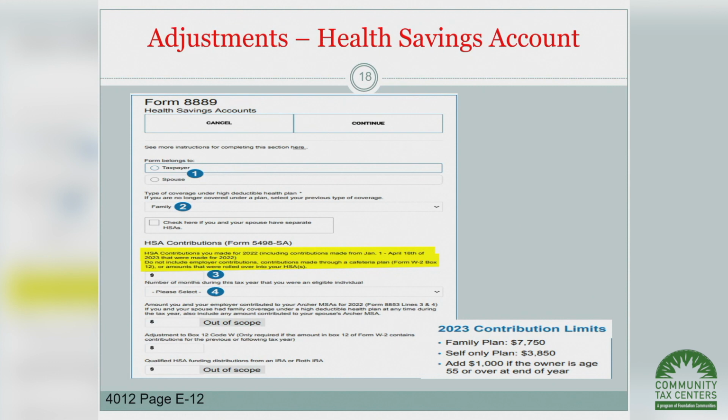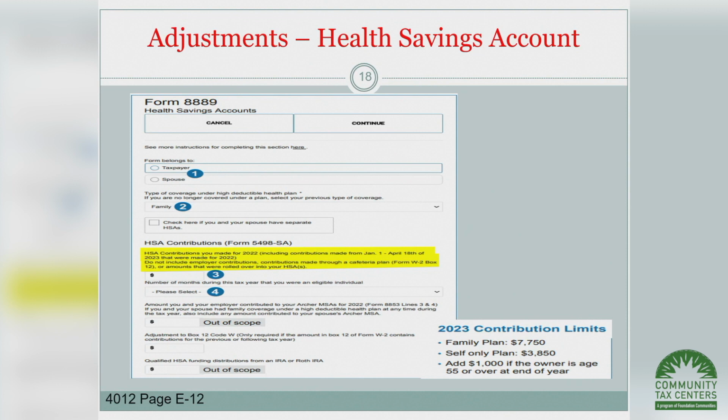And this is what it would look like in TaxSlayer, Form 8889. And then I indicated that it is an adjustment, and there are some contribution limitations.